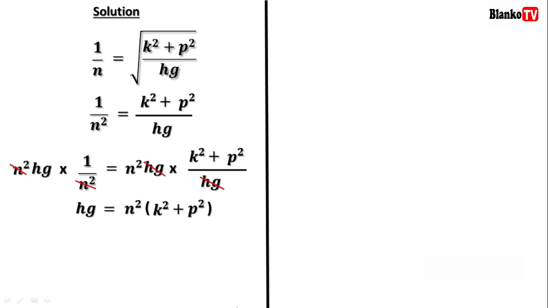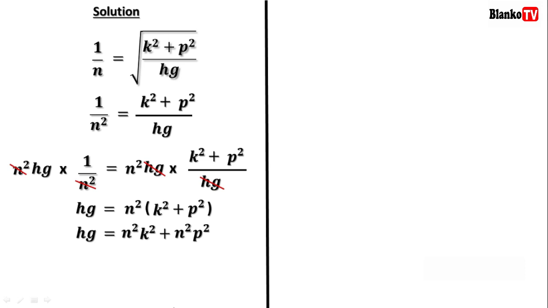Next we remove the brackets on the right hand side. So we have hg equals n square multiplied by k square to give n square k square, plus n square multiplied by p square to give n square p square.